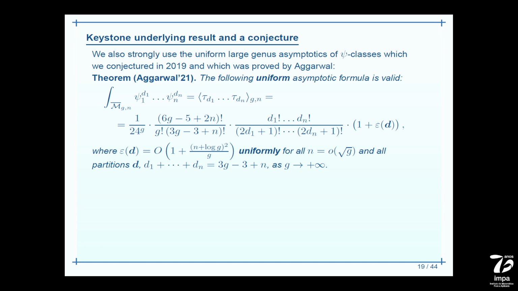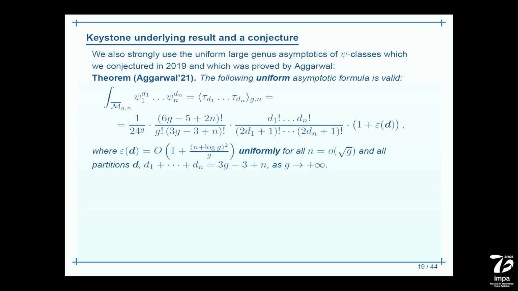It is known that this line bundle is a holomorphic line bundle. It has a first Chern class, denoted by Psi1 for the first marked point, Psi2 for the second marked point, and so on. If you multiply these with powers d1, etc., dn in such a way that the sum of these powers becomes the dimension of the moduli space, then you can integrate this cohomology class over the base, and you get what algebraic geometers call an intersection number, and physicists call a Witten-Kontsevich correlator.